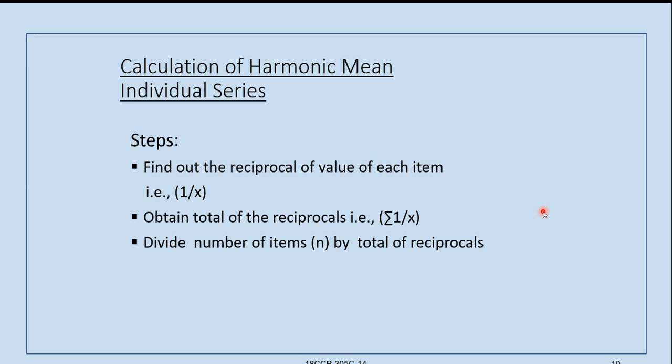So we will get 1 by something. That is divided. That means, for example, we got 1 by 20. So 1 by 20 divided by 6, as we have taken 6 items in the X series.